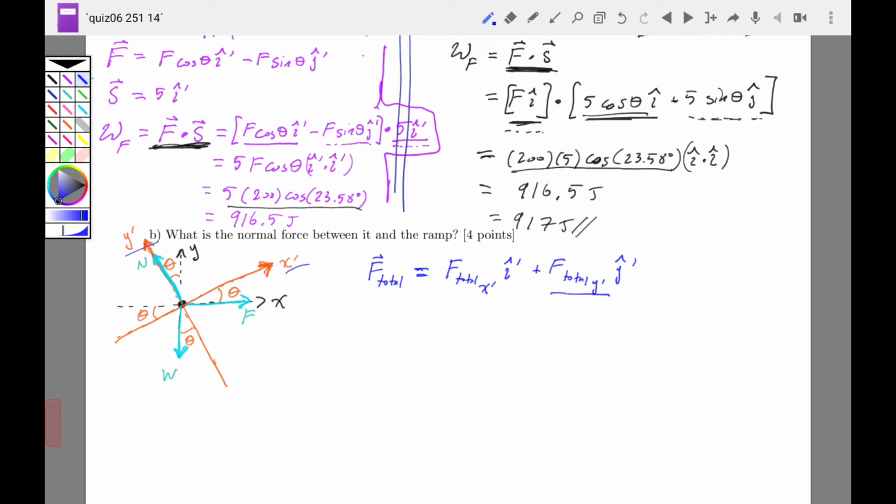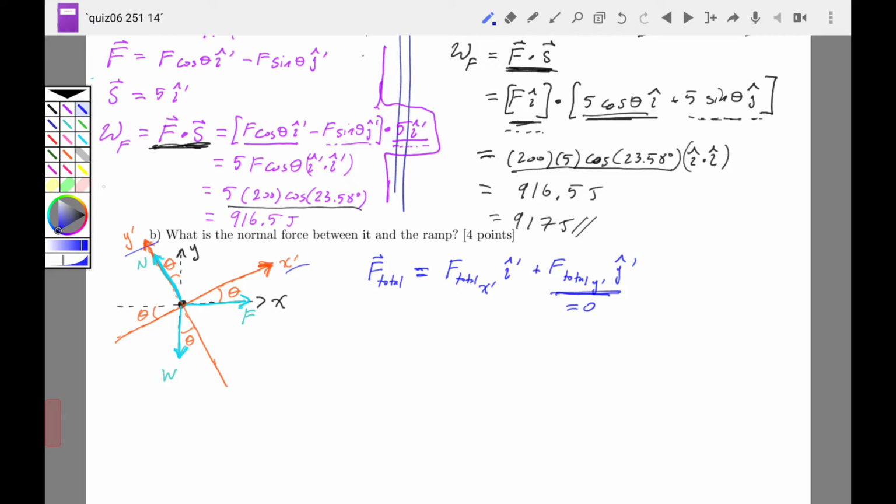This component of the total force must be zero. If it's not zero, then that would mean that the block is accelerating perpendicular to the incline. And there's no reason that should happen. If that happened, it'd be weird. And we don't want weirdness. Well, actually, weird physical phenomena is pretty cool.